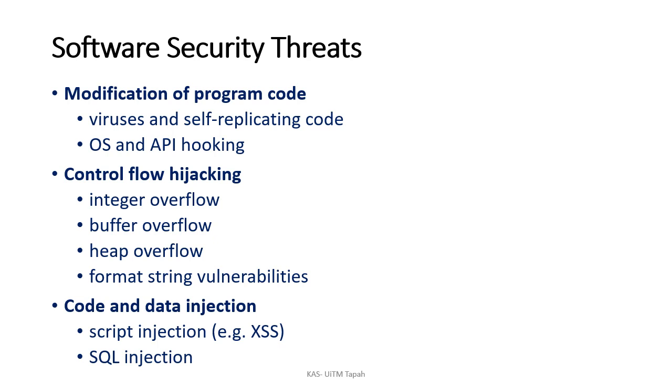The first threat is the modification of the program code, for example a virus and self-replicating code. Many of the software security threats are more towards the modification of program code. Sometimes a virus can infect a legitimate application, for example your PDF, your Word, your Excel, the common applications you always use on your computer system.